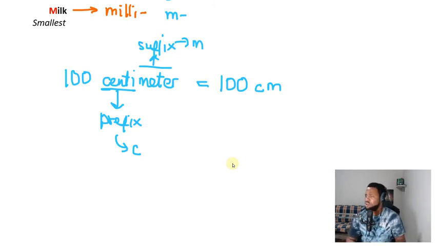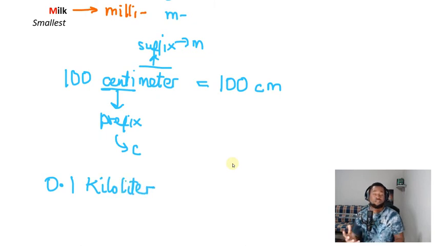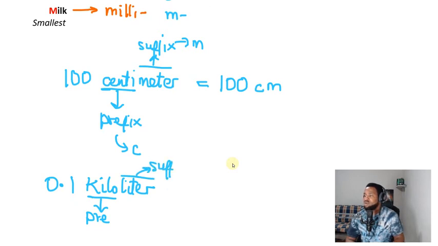How about you're given another one, which is 0.1 kiloliters, and you're asked what is the short form of writing this measurement. We know that this is the prefix, I'll just write it pre, and this here is liter, the suffix, and we know that the suffix is the base unit.